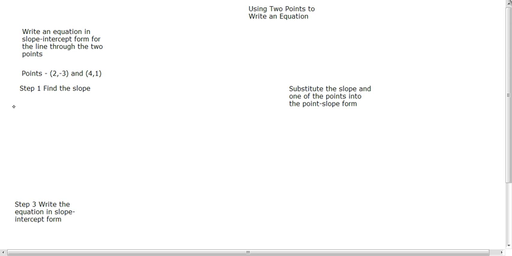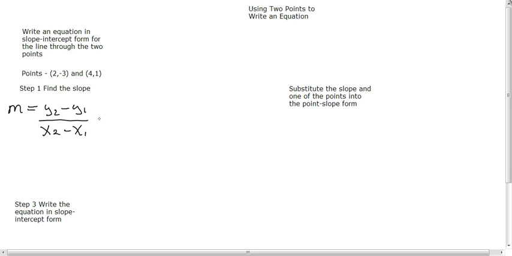So remember our slope formula is m is equal to y sub 2 minus y sub 1, and all of that's over x sub 2 minus x sub 1.